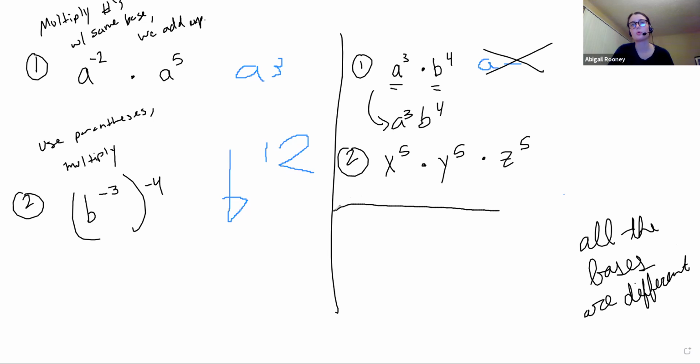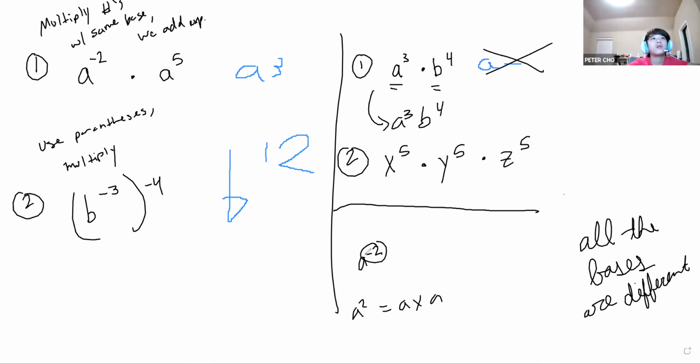The other cool thing that we can do with exponents that I thought you might want to know is we've had this before. So we had a to the negative 2, right? What the heck does a to the negative 2 mean? We know that a to the 2 just means a times a, right? But how do we do it with a negative sign?